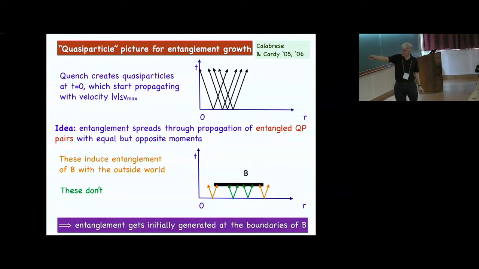On the other hand, for this quasiparticle pair here, both of them remain within your spatial region B, so this pair does not contribute to the entanglement of your spatial region with the rest. So entanglement gets initially generated just around the boundaries of your spatial region.